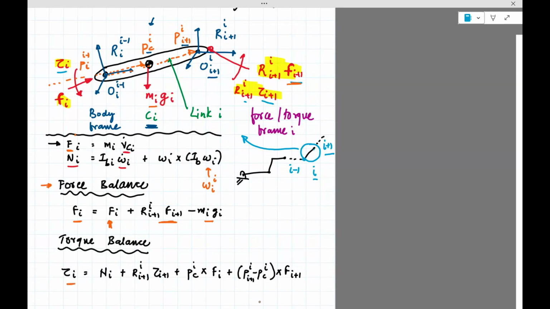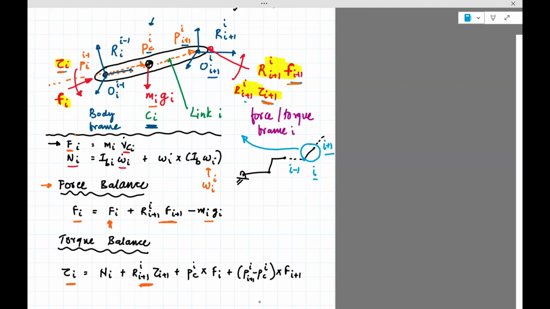Similarly, for torque balance, there's a torque here which comes from the interaction between the two links, but I need to put it in frame i, so that's why this rotation matrix.